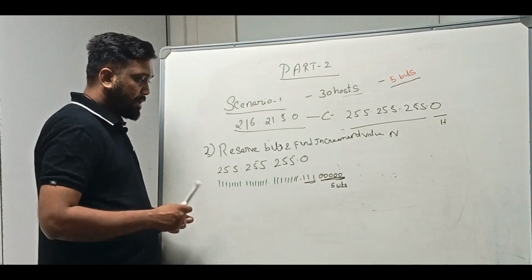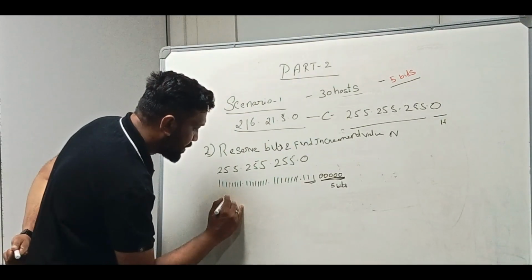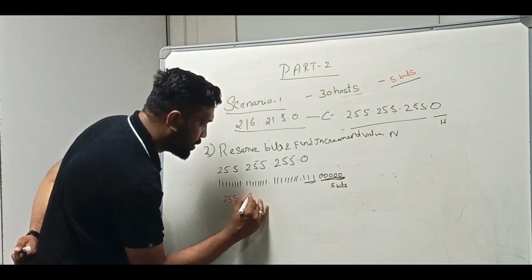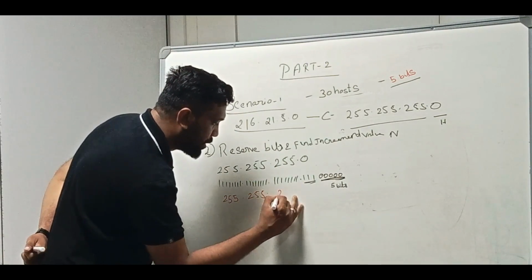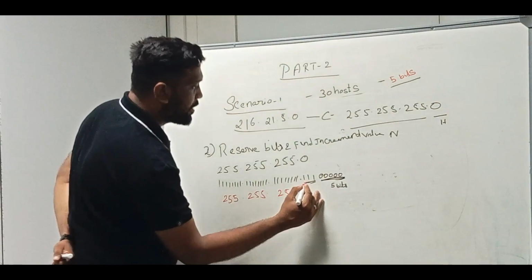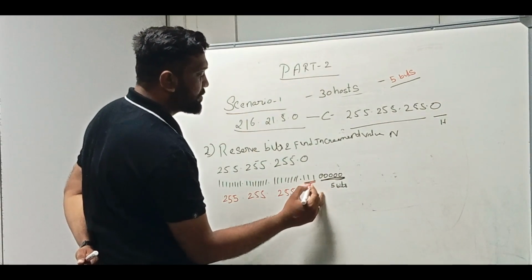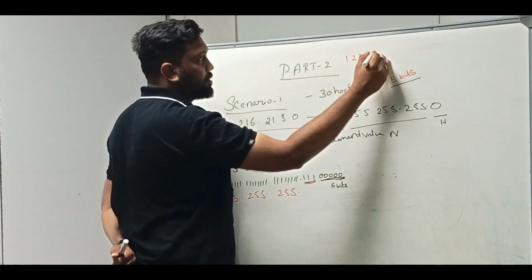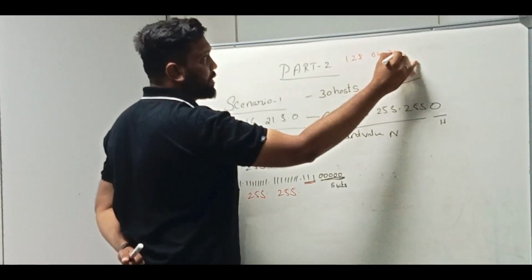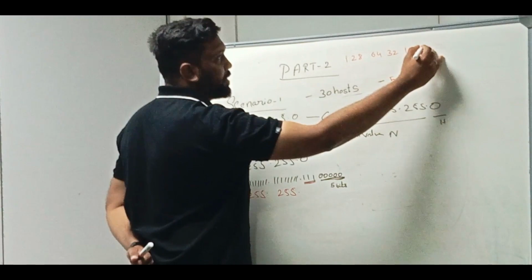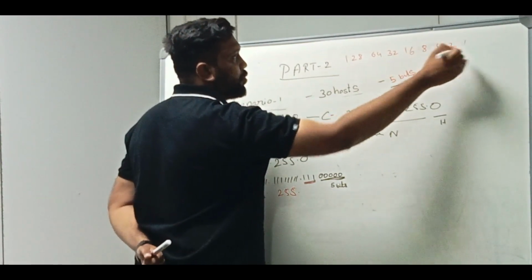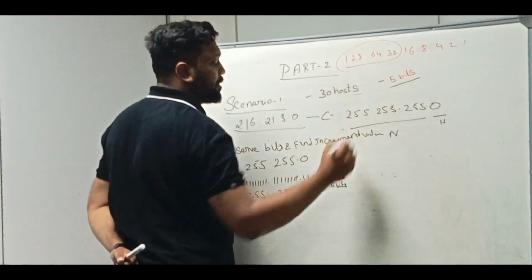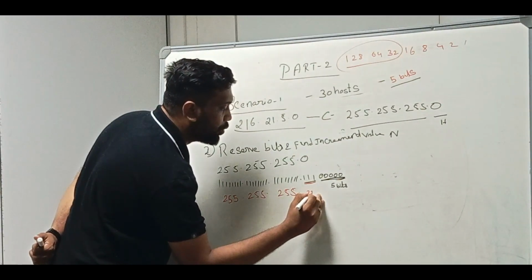So let us find the subnet mask for this. 255, 255, 255. For these 3 ones, what is the value? 128, 64, 32. If we add these 3, it comes to 224.